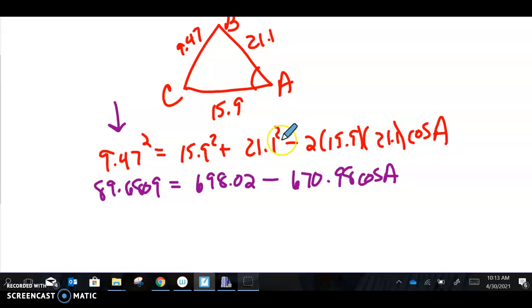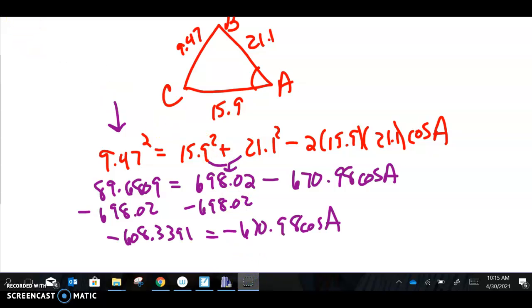I squared this, added it together. I got this. Minus 2 times this, cosine A. I'm going to subtract the 698.02 from both sides. When I subtract that, I get this negative number equals negative 670.98 cosine A.